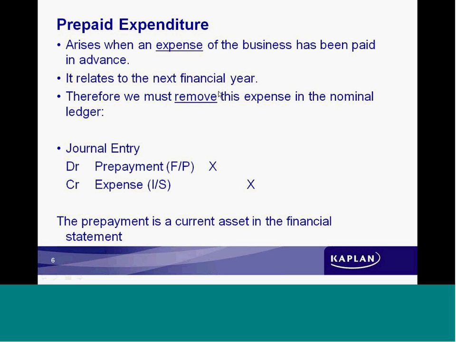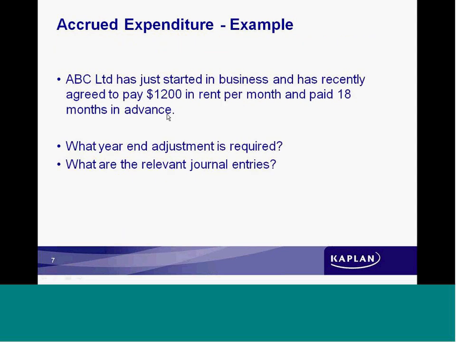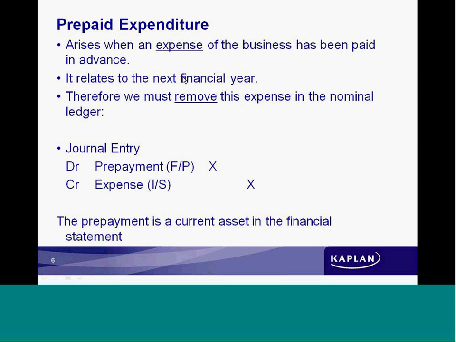And as I'm saying on my slide, we must remove this expenditure from the nominal ledger, okay? Because if we don't do it, then we're going to overstate the expense, which effectively is reducing the profit. So how on earth do we remove it?